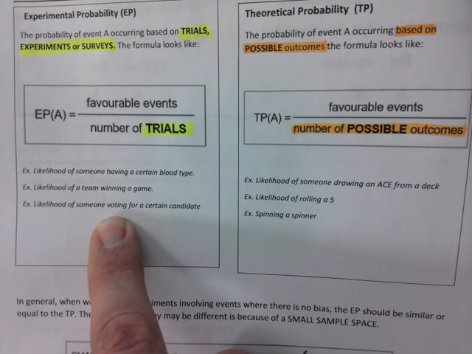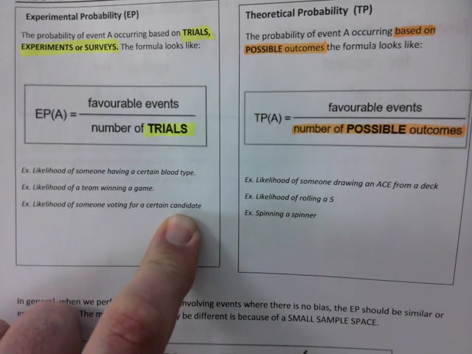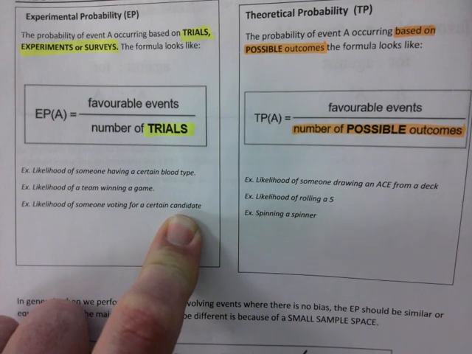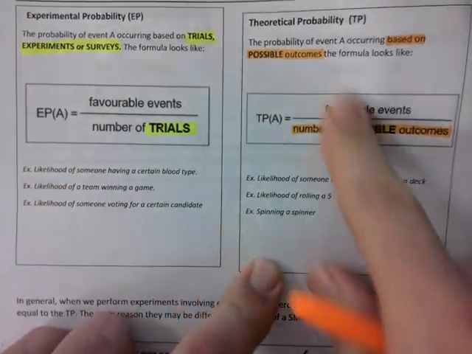The likelihood of someone voting for a certain candidate, if there's 3 candidates, in theory it's 33% for each candidate, right? But it's not. If you poll the people, they'll tell you which one they're leaning towards, right? So you would want to do an experiment on that.